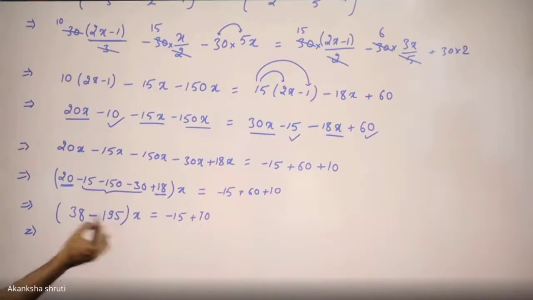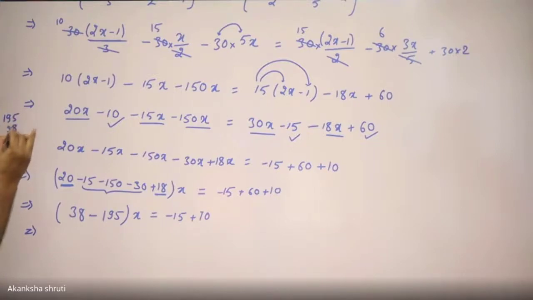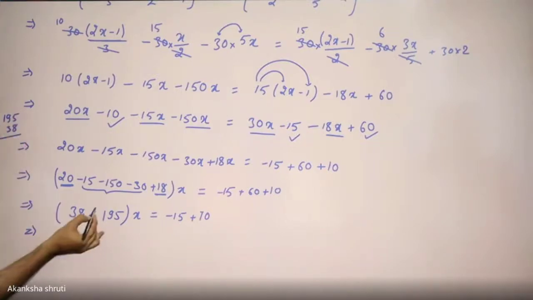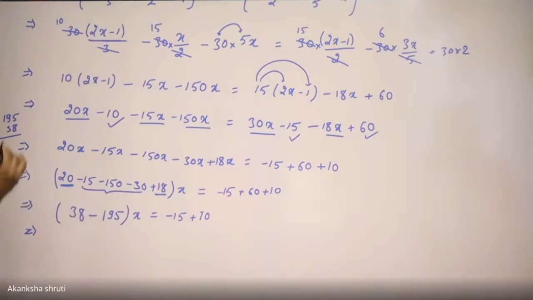So this will get subtracted, means it will be simply 195 minus 38, and the sign will be negative because the bigger number is negative here. So it becomes 157. But the negative sign is there, so it must be written as minus of 157.